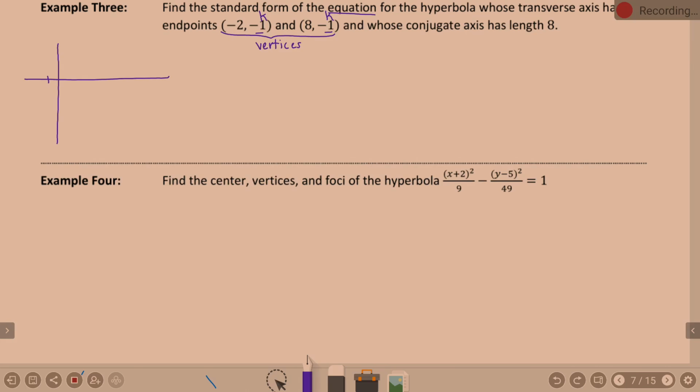And so, if that's the case, there's my point at (-2, -1), and there's my point at (8, -1), right? With that in mind, those are the ends of the transverse axis, right?